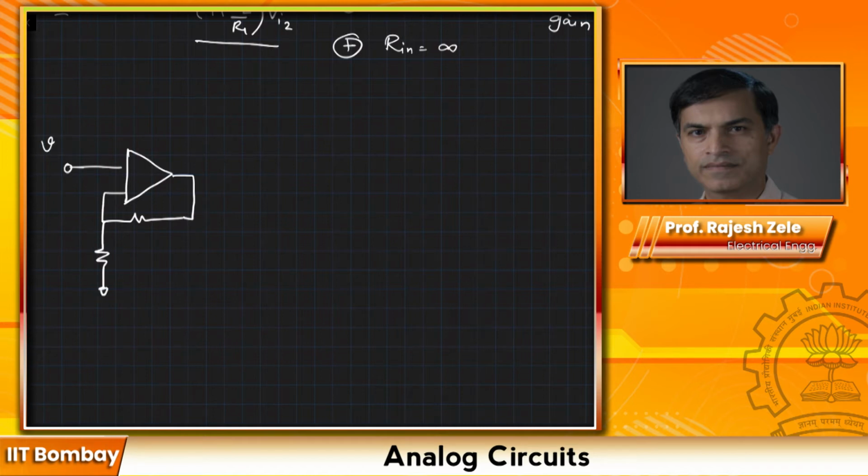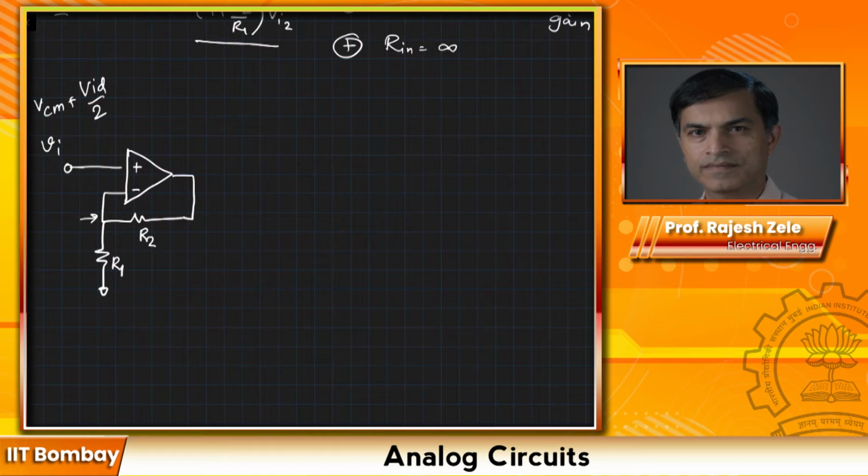Okay. So this is my input Vi, R2 and R1, plus minus. Now, if Vi contains VCM plus VID divided by 2, okay, think about this. What will this particular node be?